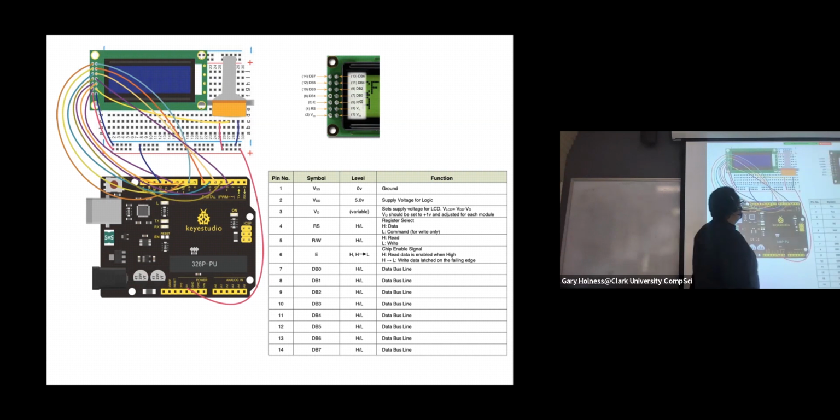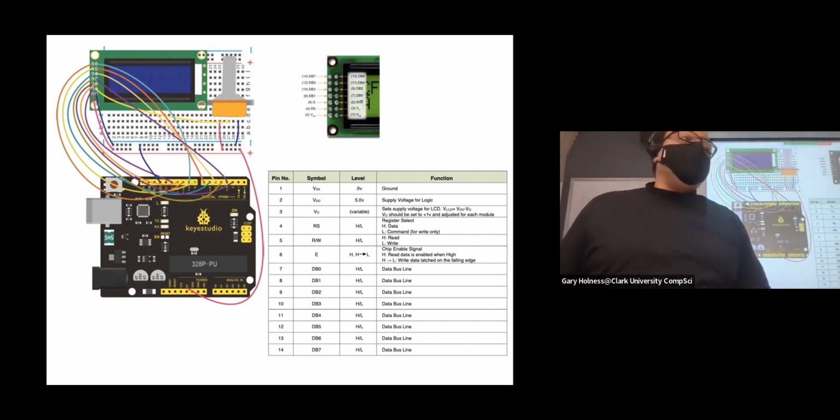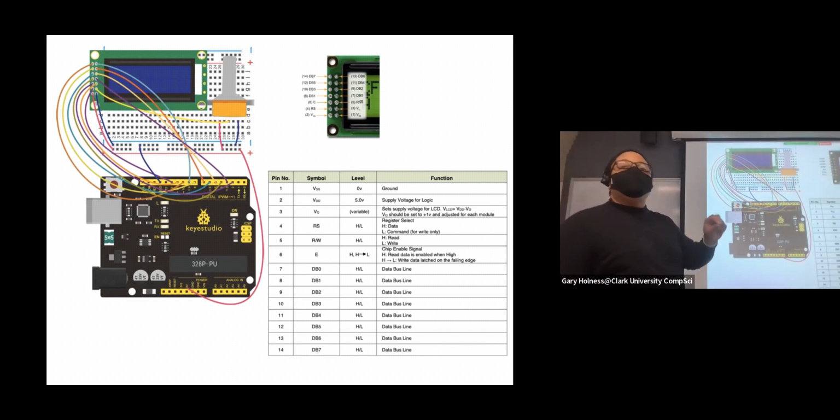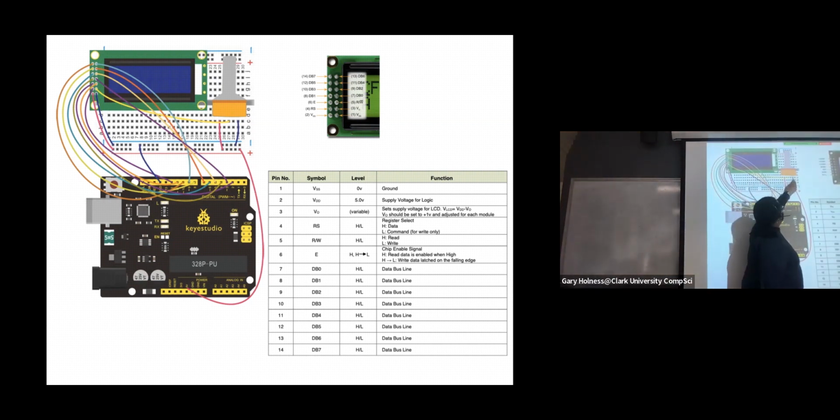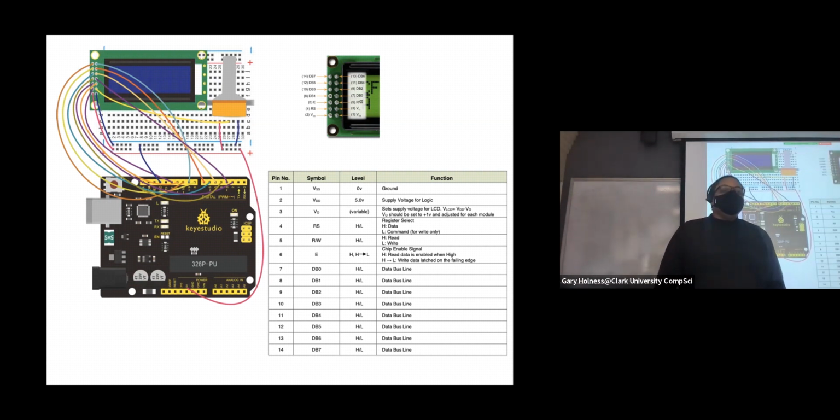So we have our potentiometer, and the potentiometer has 3 connections, one for ground, one for VDD, and one for the output of that variable resistor. So here we have ground from the potentiometer to the negative rail, that's ground. We have from the positive VDD to the positive rail, right? That's VDD.